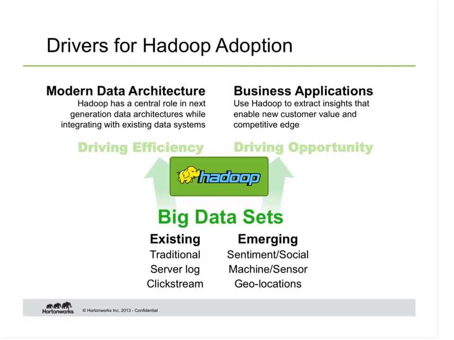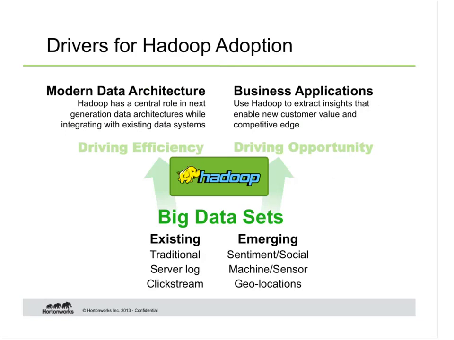So taking data and traditional workloads for transformation and other kinds of data computation, and for example, moving that to Hadoop because it's a more cost-effective infrastructure. So it's really about driving efficiencies in the overall infrastructure that's in place today, and doing things in a more cost-effective way. The second driver is around creating new business applications.